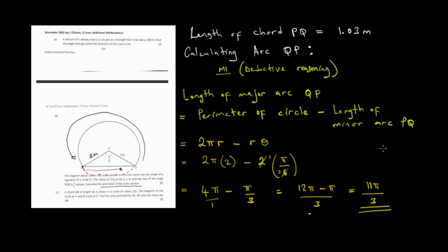Do you see? So keep this. Of course, if you are following, you know we will have to add this to the chord, so that we get the perimeter of the whole cross section. But I want you to keep this in mind. Let me write it down.